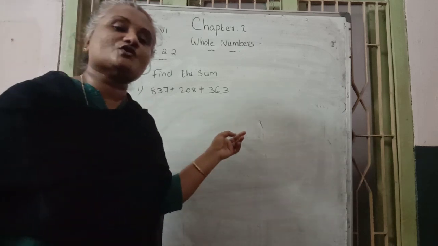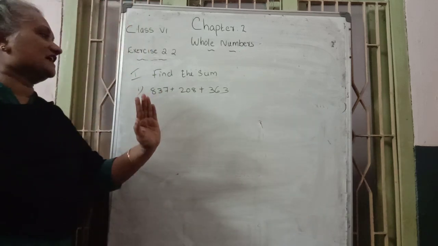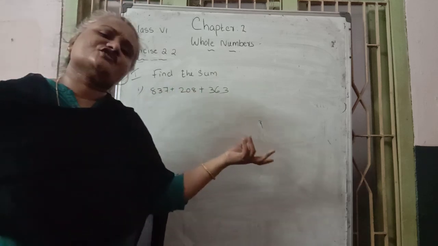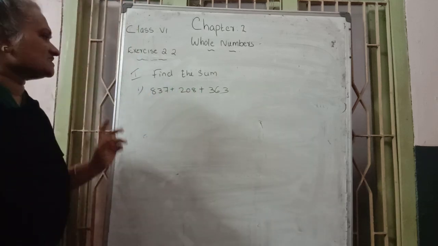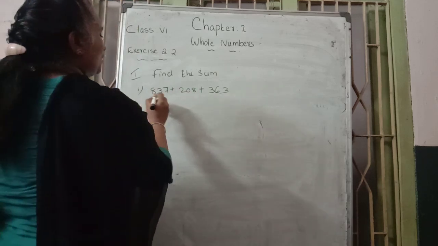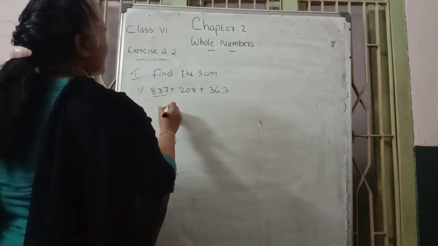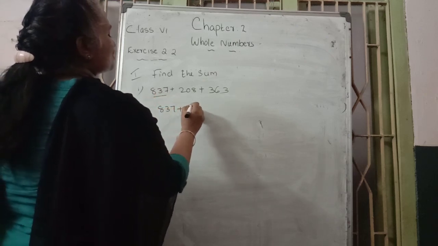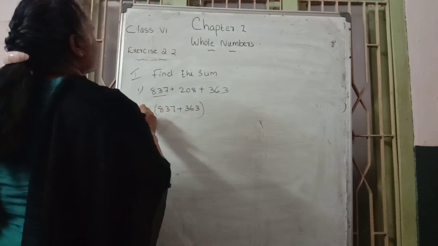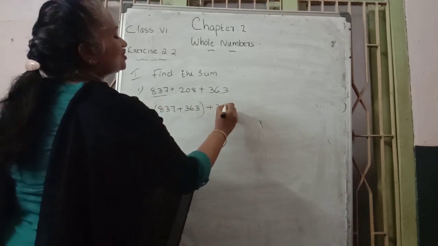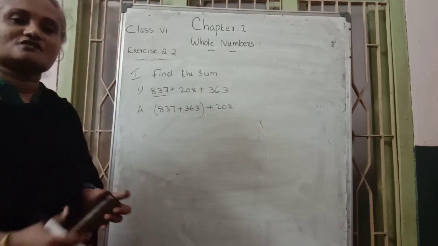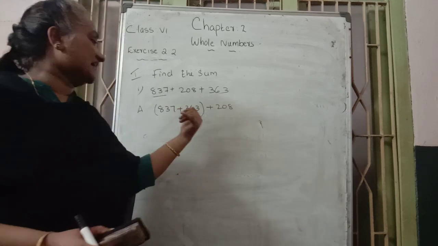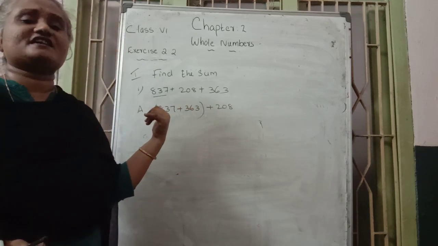The question asks that in any order you can rearrange and just add the numbers. Easy way. Here see, I am going to combine 837 and 363. Combining and adding them, we get a 0 carrying number.